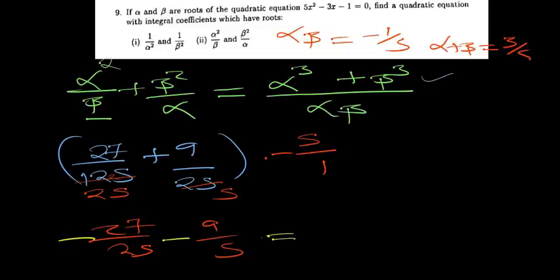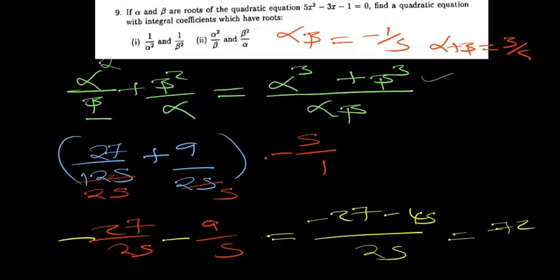So common denominator 25. 25 divided by 25 is 1, so negative 27. 25 divided by 5 is 5 times 9, 45. We're adding, actually maintaining the sign. 45 plus 27 is 72, so negative 72 over 25.